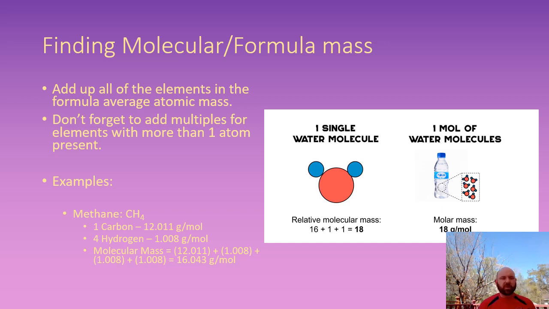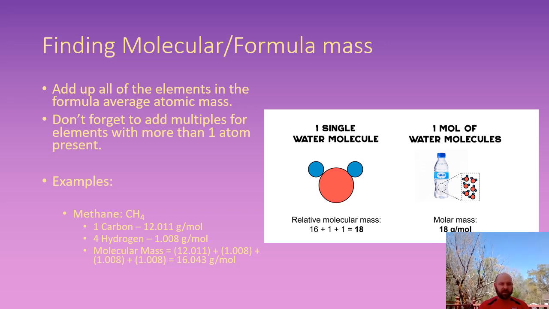So you would look at the periodic table and find the larger number on the entry for that element, which generally represents your atomic mass. And you add all of those atomic masses up together, keeping in mind that if there is more than one of those elements present in the compound, indicated by a subscript in that chemical formula, then you would add that element's mass that many times. And then, of course, we have some examples here on this slide.